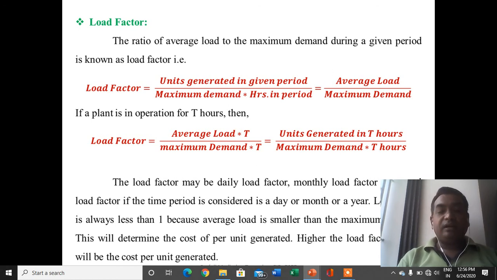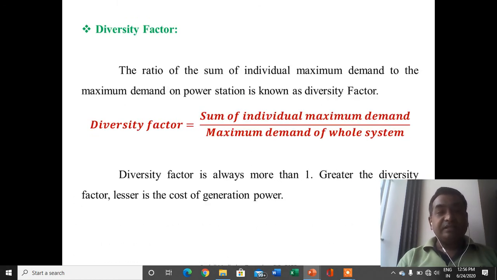The higher the load factor, the lesser the cost of per unit generation. Diversity factor. The ratio of the sum of individual maximum demands to the simultaneous maximum demand on the power station is known as the diversity factor. Diversity factor is always greater than 1. The greater the diversity factor, the lesser the cost of per unit generation of electrical energy.